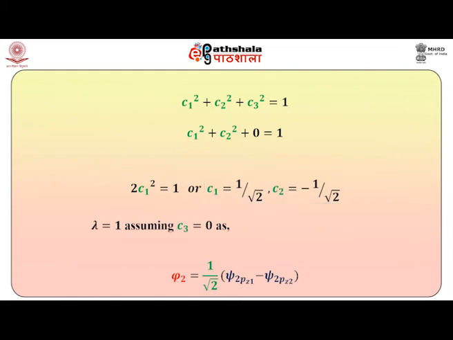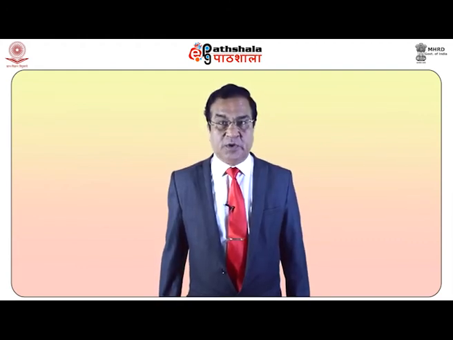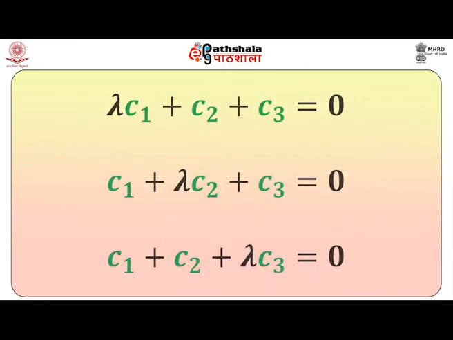And therefore, the wave function for this molecular orbital becomes psi 2 is equal to 1 upon under root 2 times psi 2pz1 minus psi 2pz2. Please note here that we are assuming C3 to be equal to 0, as you must have noticed in our calculations. And now we will determine the molecular orbital for lambda equal to 1.